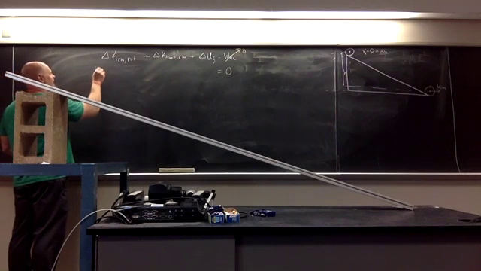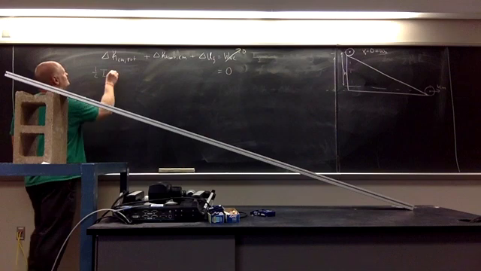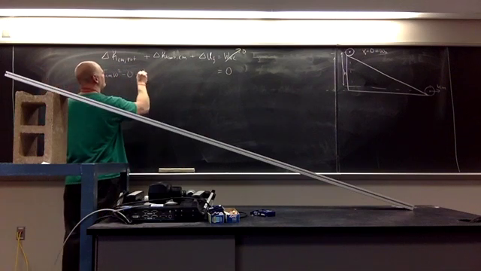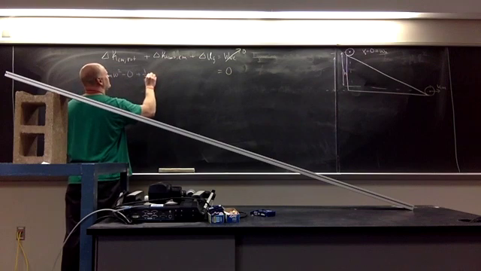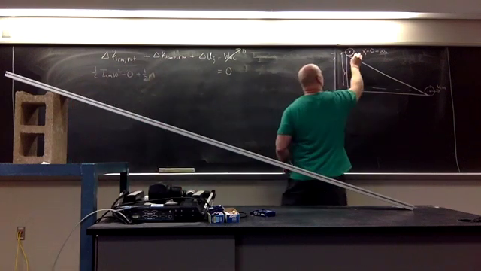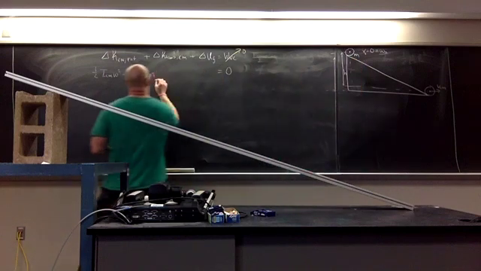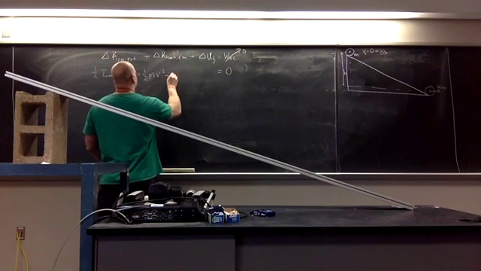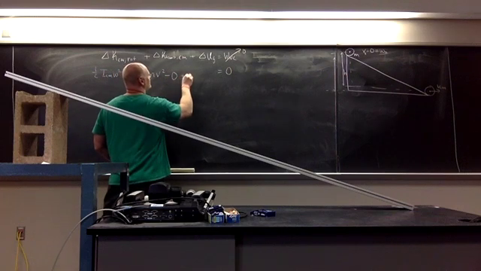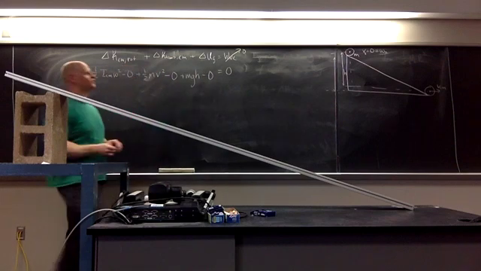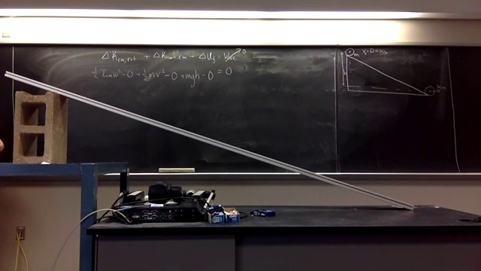So this becomes 1/2 the moment of inertia about the center of mass times the final angular velocity squared minus the initial, which is 0, plus 1/2 times the mass of the object, so we're going to call that m. So let's say this has a mass of m, times then the velocity squared minus the initial, which is 0, plus the gravitational potential, which is simply mgh, minus the final, which again is equal to 0.